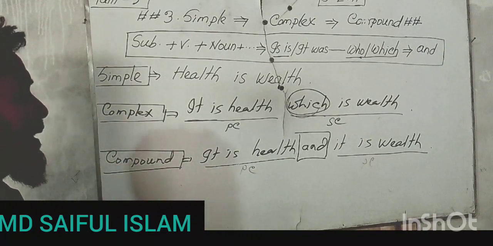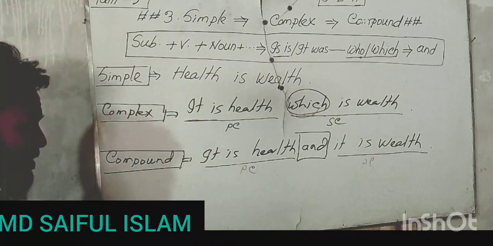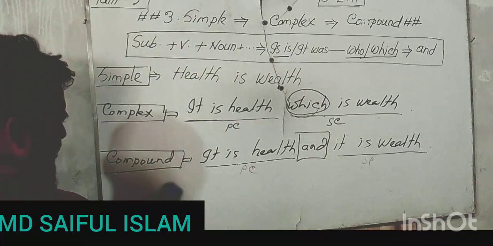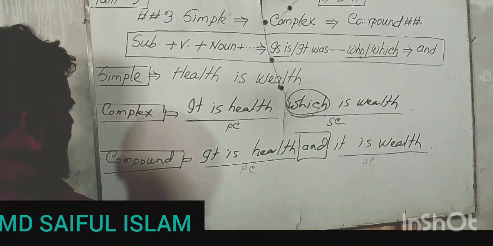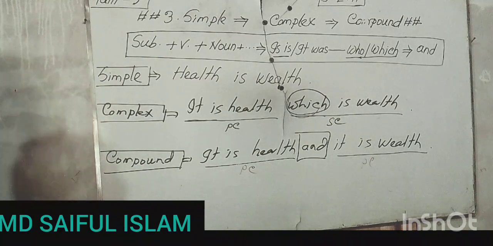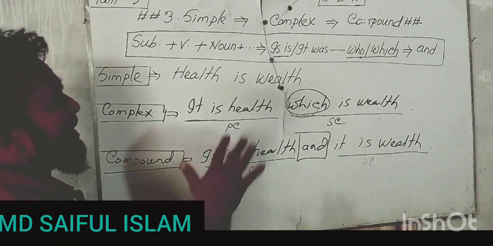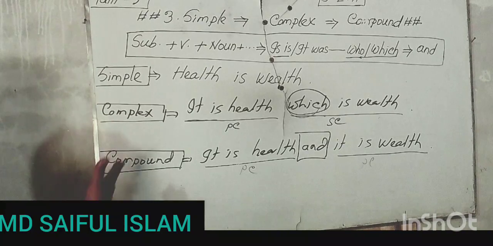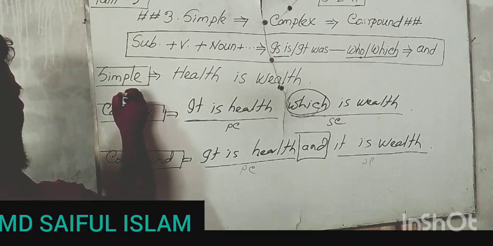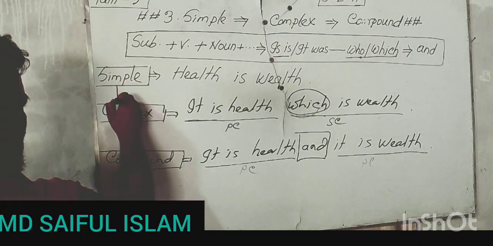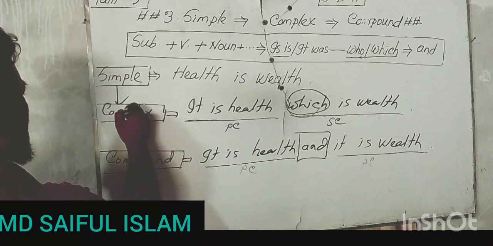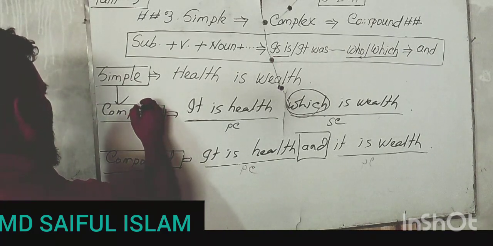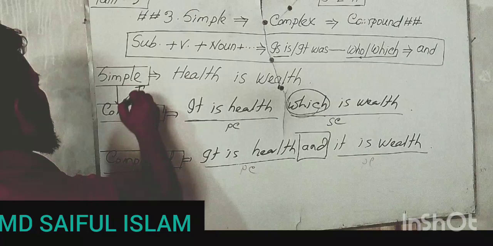So viewers, hope that you have understood clearly. And this rule is very important, because if you learn one rule, in the substance of one rule you will learn six rules. How? Look at the board and try to understand. You will have to transform simple to compound and complex to simple.